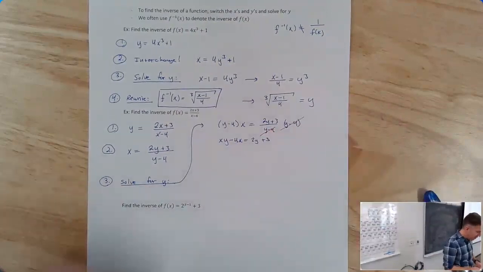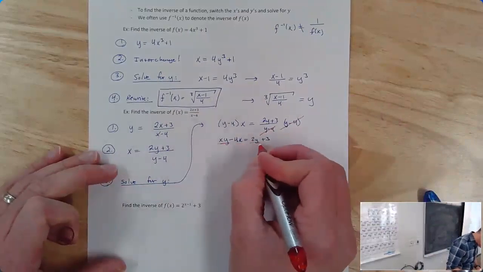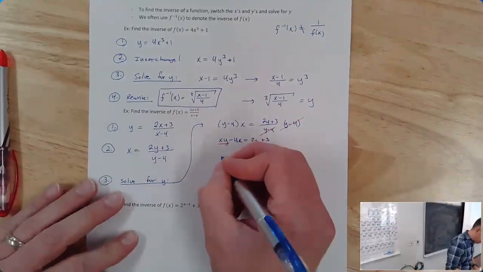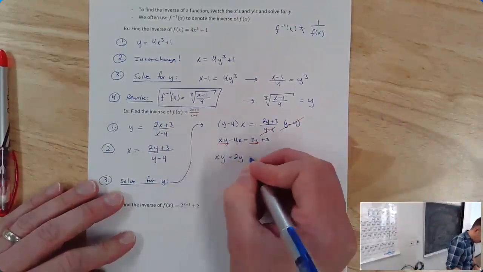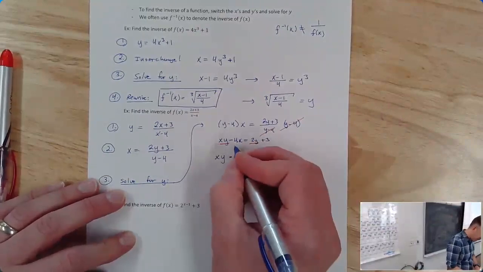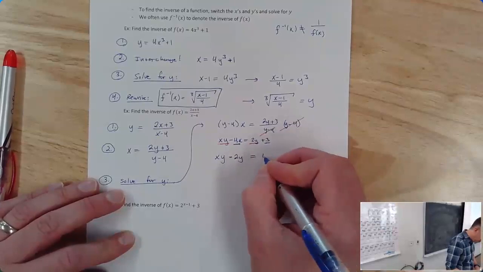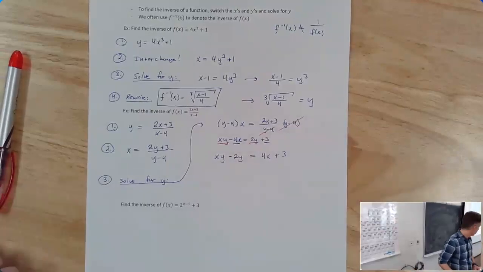And then everything that has a y in it, specifically x times y and 2 times y, needs to end up on the same side of the equation. So I'm going to bring them all to the left, although you could totally pick the right. So x times y minus 2 times y equals, and then I'm bringing everything else to the other side. So I'm going to have a 4x on the other side because I added 4x to both sides, plus 3.